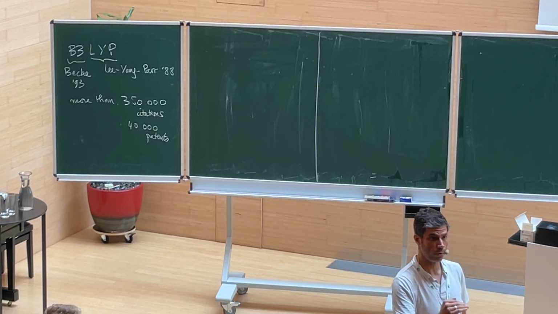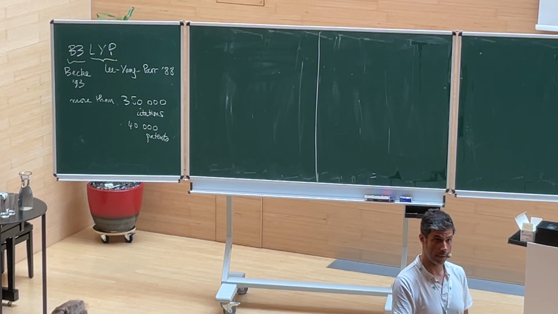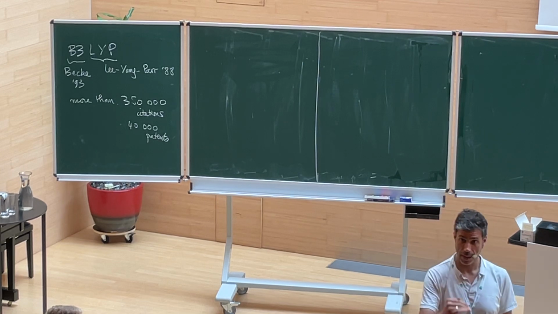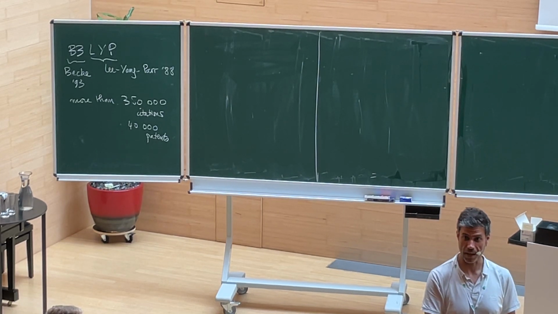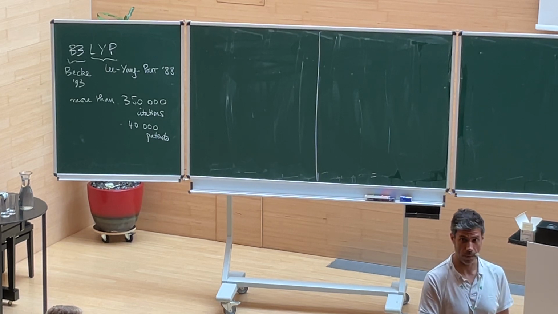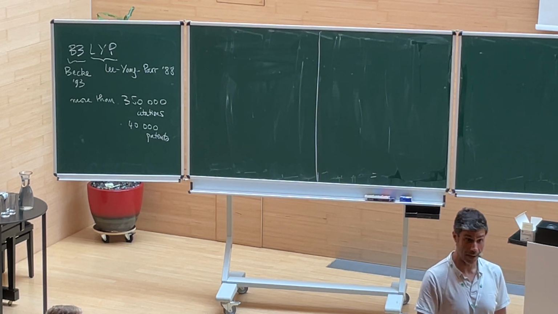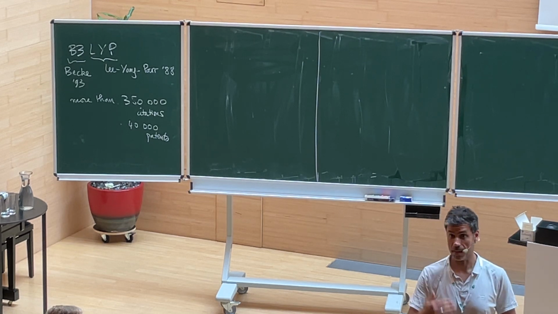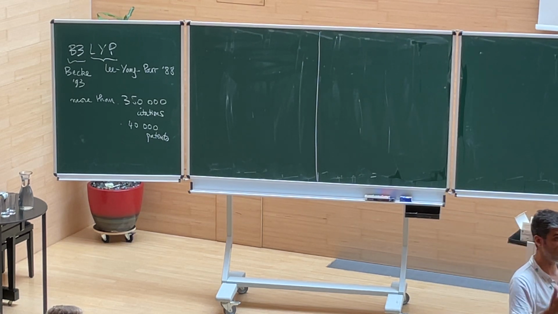I'm going to explain to you today and tomorrow that DFT is in principle exact, except that in life you do approximations. And then of course there is the basis approximation. And then there's another problem, that maybe you're not at the minimum in your basis, which is an algorithmic problem. So all these things pile up, and in the end you don't quite know where the error comes from.